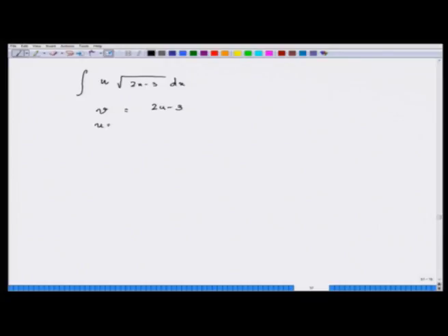So, u would be equal to half of v plus 3, and basically du would be equal to half of dv. So, you will replace du with half of dv, you will replace this with v and u with that. So, this integral will now become the integral of half of (v plus 3) times v to the half times half dv.